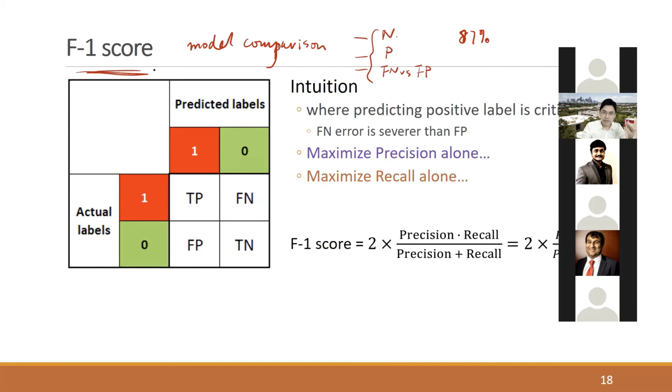F1 is one of these measures. Let me talk about the intuition here. F1 combines two concepts here, precision and recall. Think about what recall is. Recall is true positive rate. So think about that in your mind, the image.